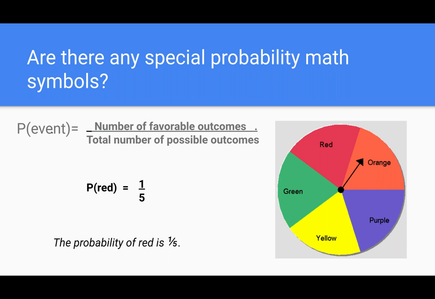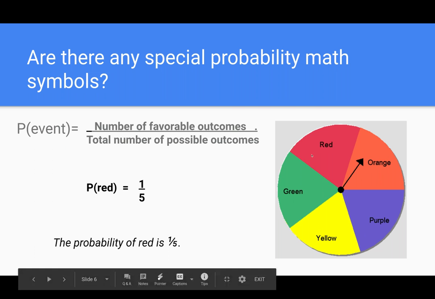This event will change, okay? This is just a general formula. So the probability of an event occurring is equal to the number of favorable outcomes divided by the total number of outcomes. So if I were to give you P and in parentheses red, I'm asking you what is the probability of landing on red? Well, I would look here and see, I have one red section out of 5 total. So my probability of red is 1/5.